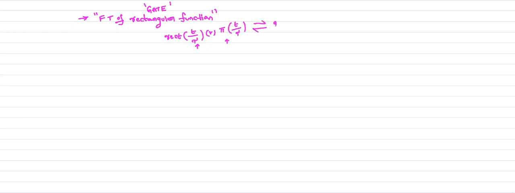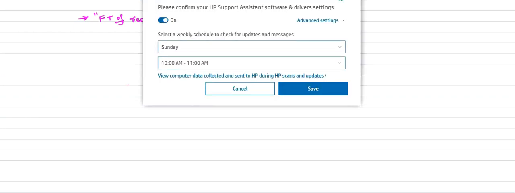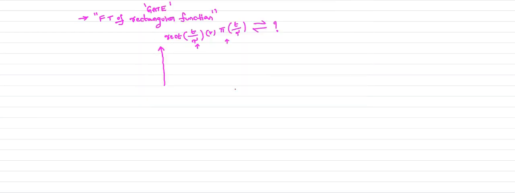I want to find out the Fourier transform of the rectangular function. Now if you draw the rectangular function, it looks like this. Just observe the rectangular function.